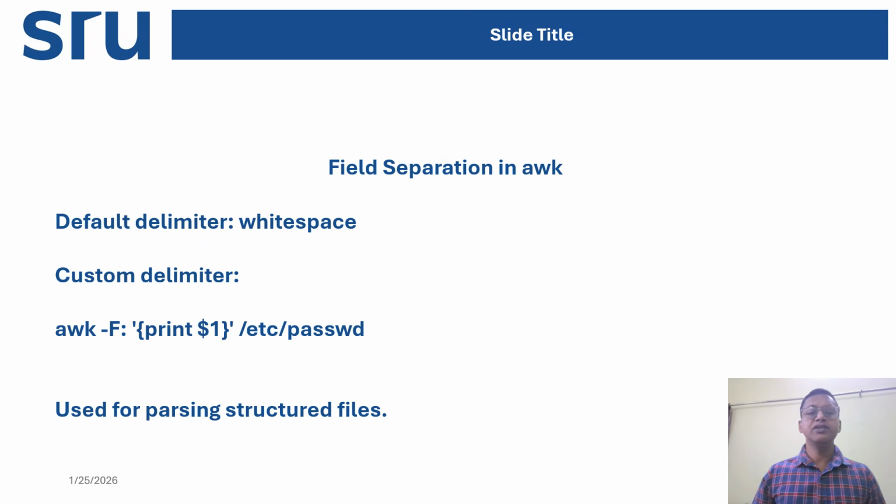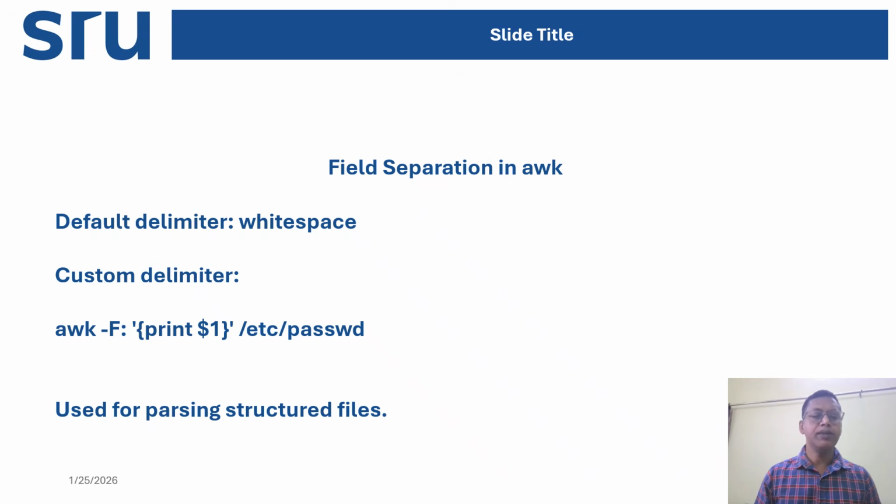Now, field separation in AWK. The default field separator is white space only. Suppose column 1, column 3, column 4, and so on. All the column values are separated with white space only. But with a custom delimiter, we can customize it, like awk -F colon and single quotation print $1 from the file /etc/passwd.